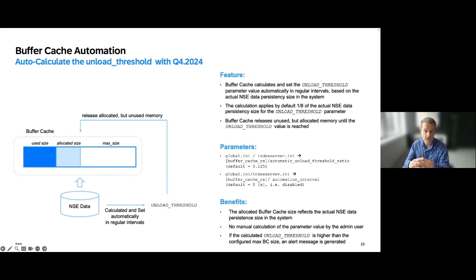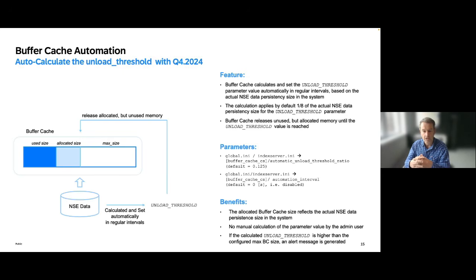That means the cadence in which the unload threshold value should be calculated automatically based on the physical disk size of NSE data, so that the administrator doesn't need to define it herself. That's not required anymore. In HANA Cloud, we calculate this automatically on a specific cadence that you can define with the automation interval.